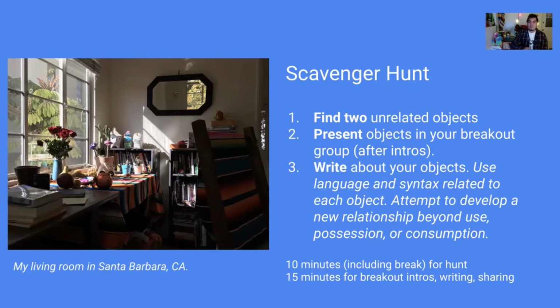And so after you find each object, I would like you to think about the syntax and language and associations with that object. And then I would like you to develop a new bond or relationship beyond use, possession, or consumption to that object. And so this is just, find cool stuff in your house. We all have it.